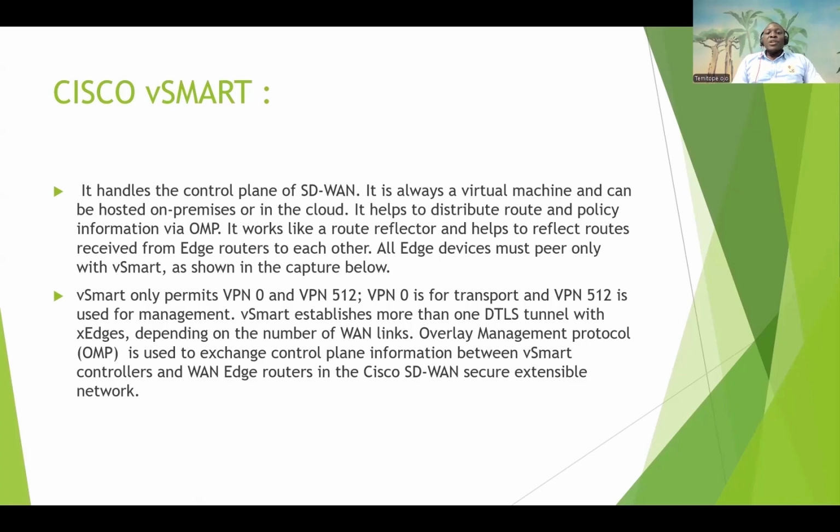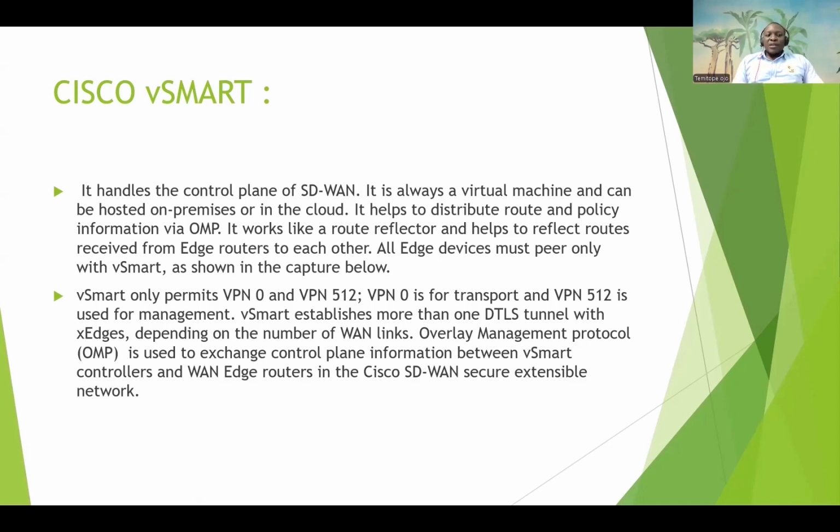vSmart establishes more than one DTLS tunnel with each edge, because you can have one edge router, let's say in Lagos. I'm currently in Lagos, so I'll be using Lagos in most cases when I'm referring. You have one edge router in Lagos connected to your controller, your vSmart, and you have more than one transport. When I'm talking about transport, I'm talking about your providers.